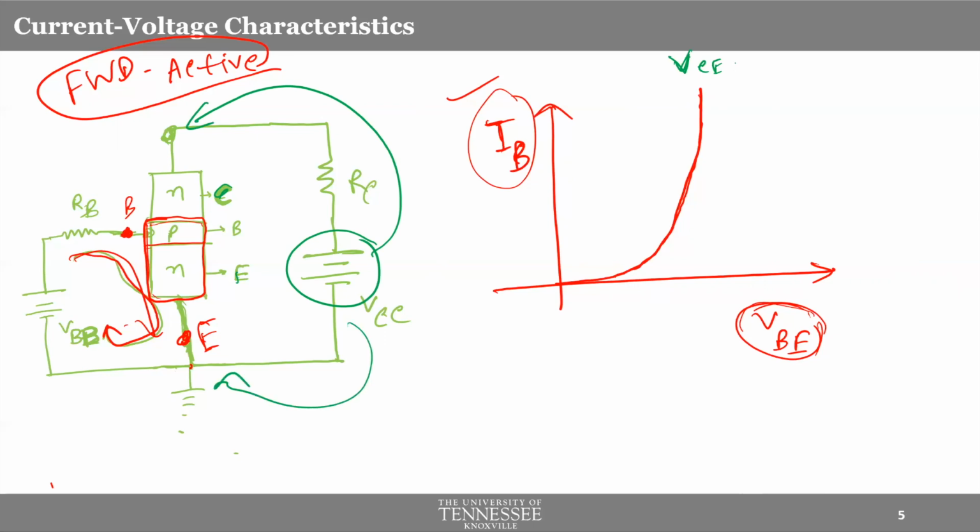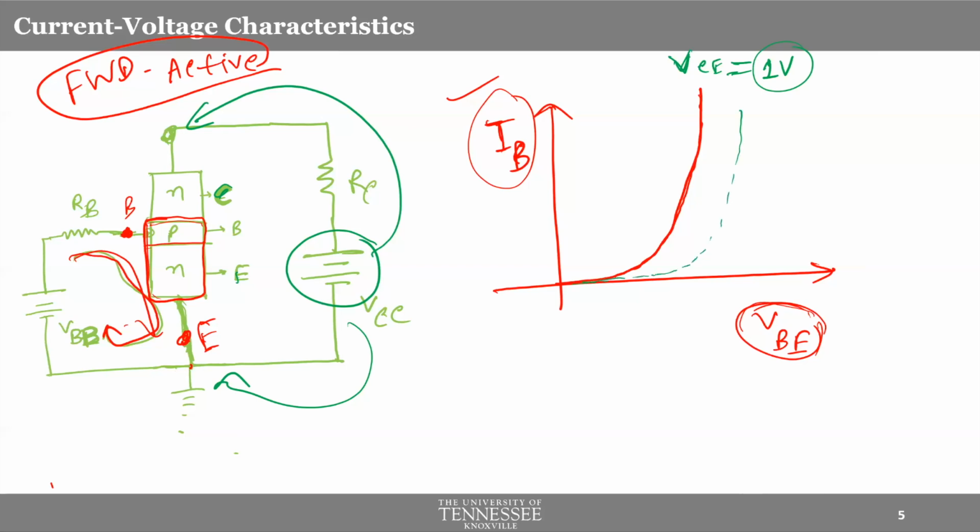So this graph that we have obtained, just taking some number as an example, say VCE was 1 volt. For VCE of 1 volt, we had this graph. Now, what happens when I increase VCE? Let's consider that. If you have 10 volts of VCE, the same graph will look like this.